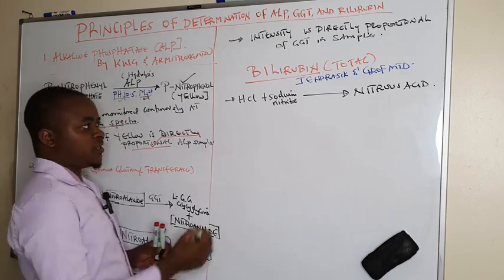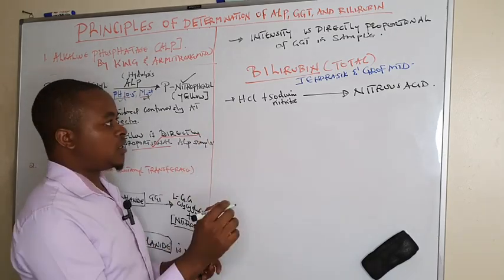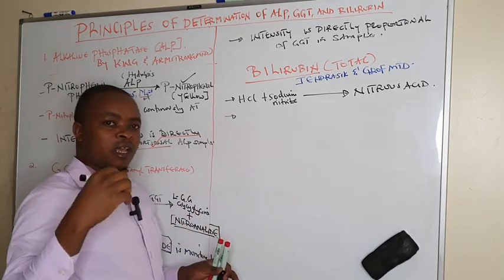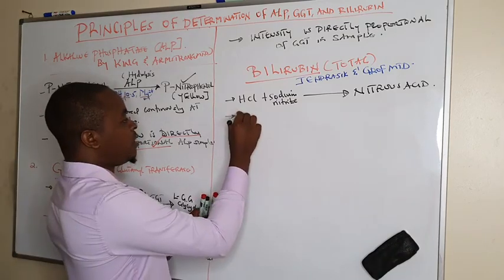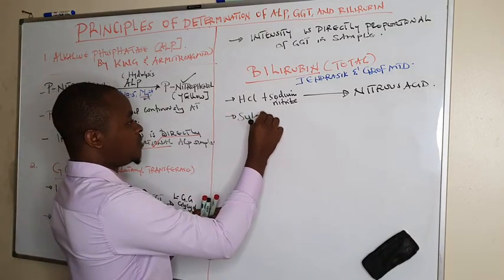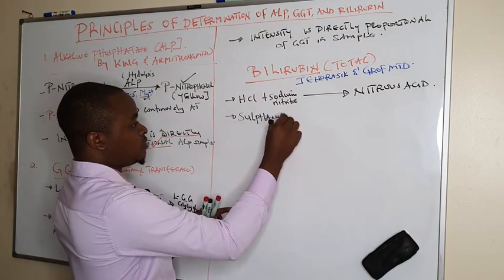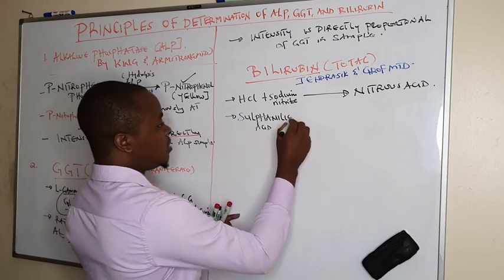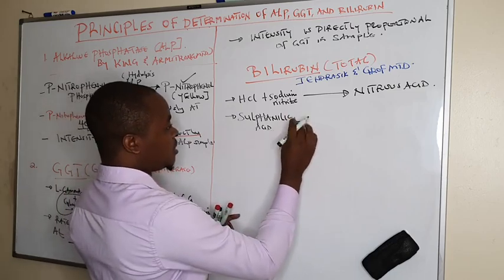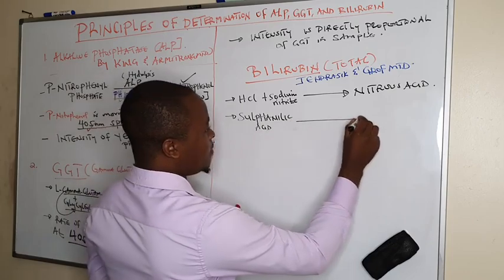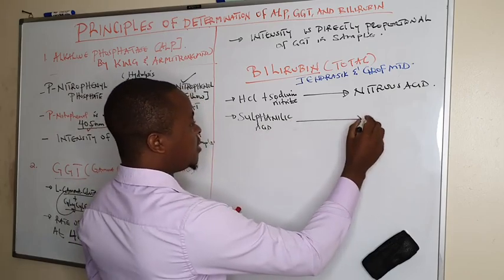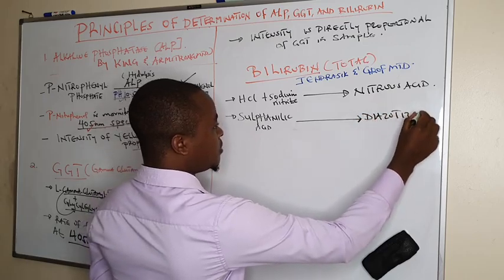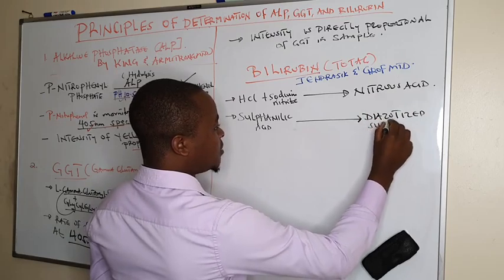And this nitrous acid which is formed is the one that is going to diazotize. If we have sulfanilic acid, we are going to use sulfanilic acid, which is going to be diazotized by nitrous acid to form diazotized sulfanilic acid.